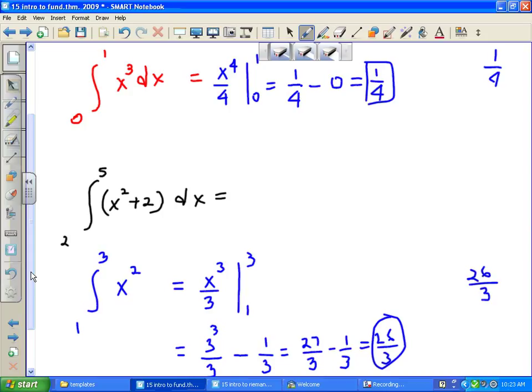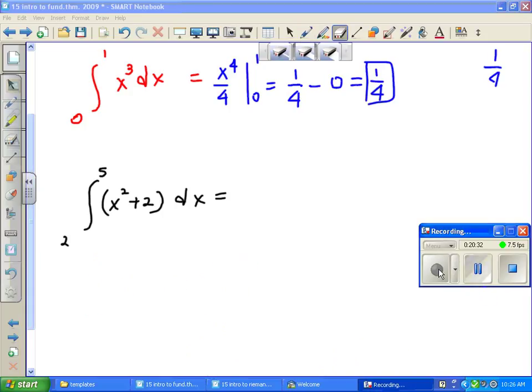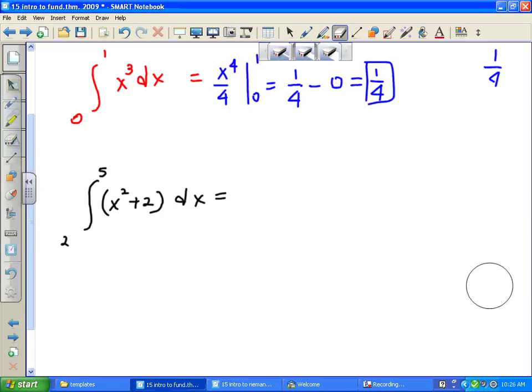Okay, I'll give you a minute to do this one. So we first take the antiderivative, right? And the antiderivative of 2 is 2x. Then we plug in the limits. Always we plug in the upper limit first, right?